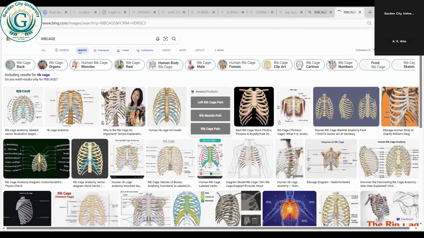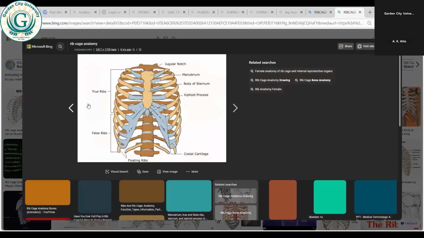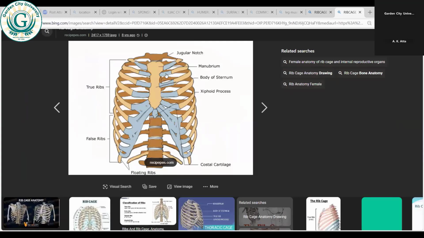Now, if you look at the way the ribs move when you are doing inhalation, you know that the ribs move up and out. So this one here is the first sternocostal joint. It's a primary cartilaginous joint. The rest here, yes, they are all synovial joints.